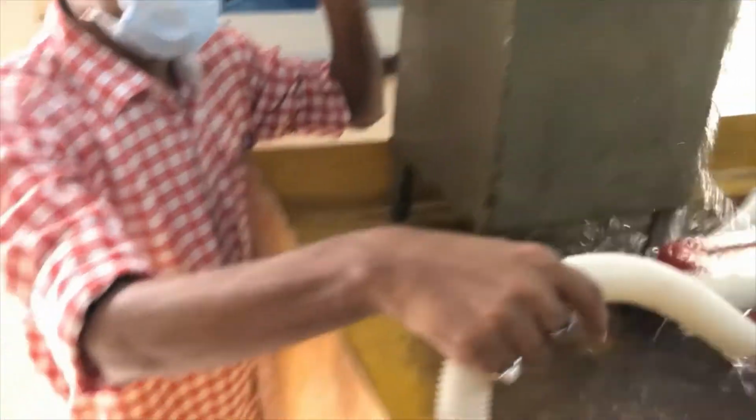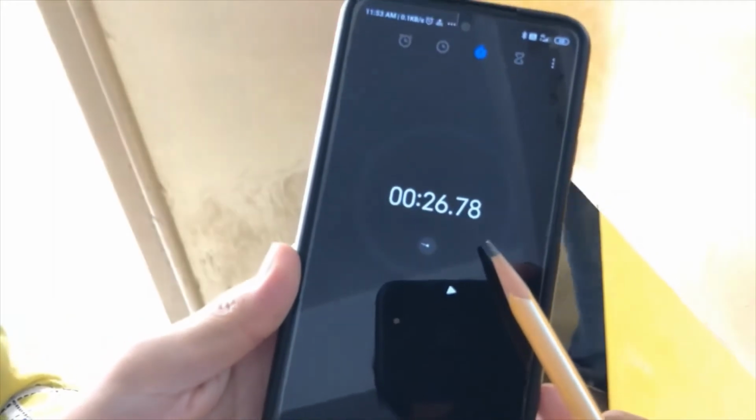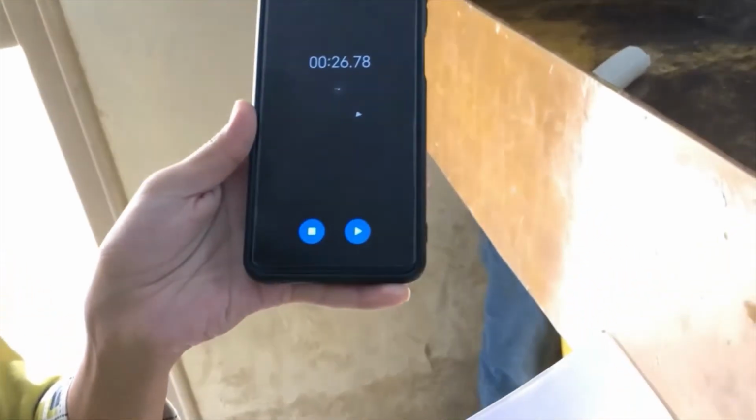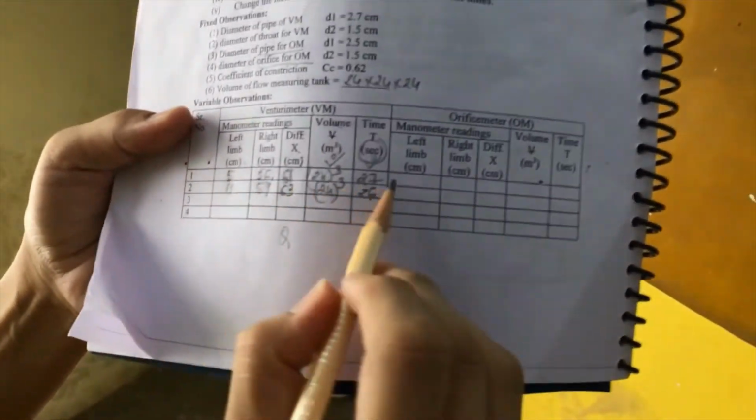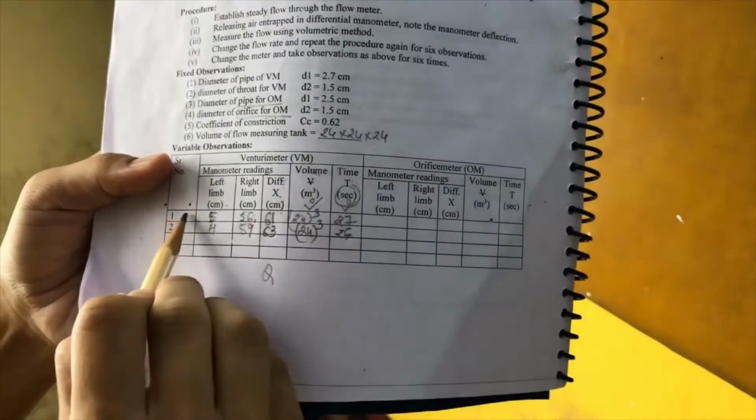Okay, stop. The total time recorded is 26 seconds, which is less than the time taken by the water to fill up in the first reading.